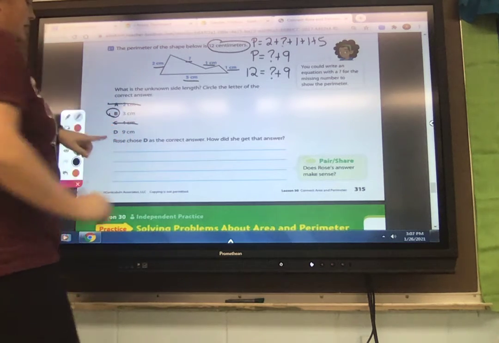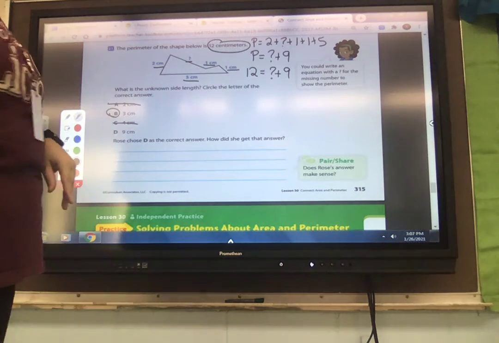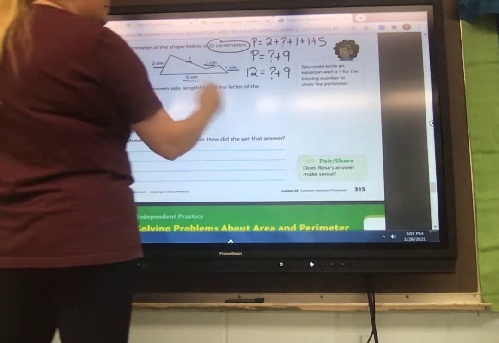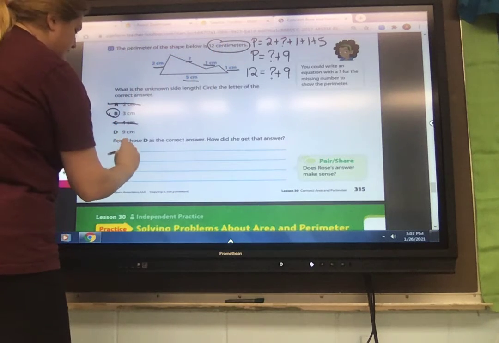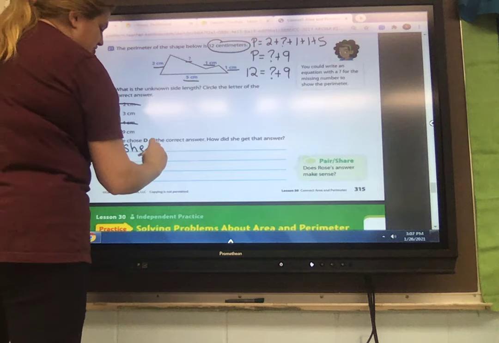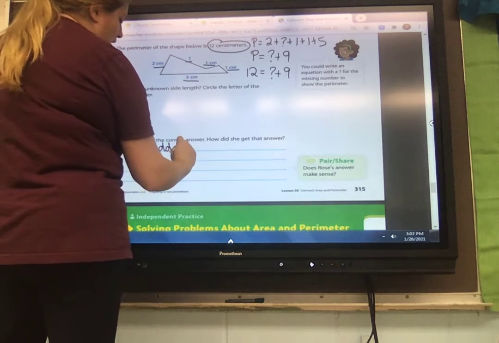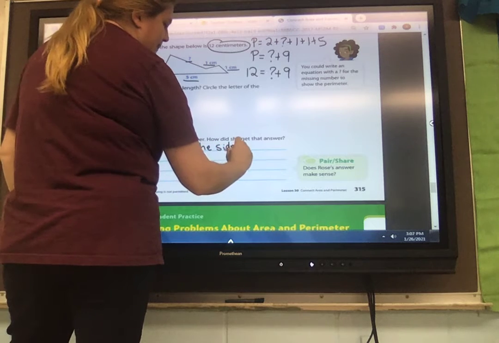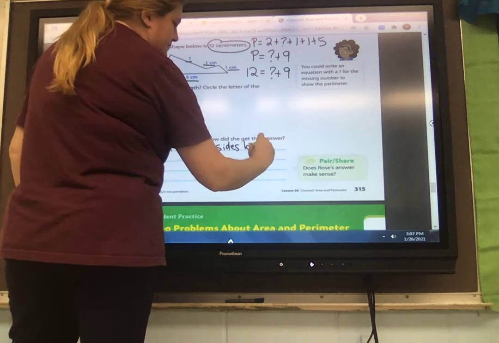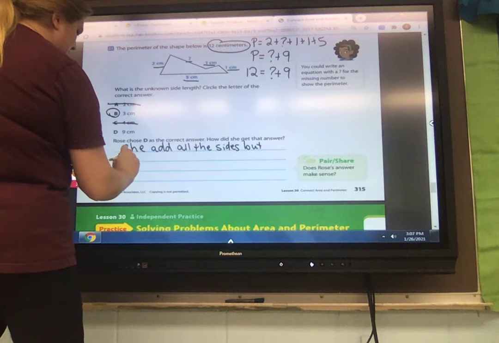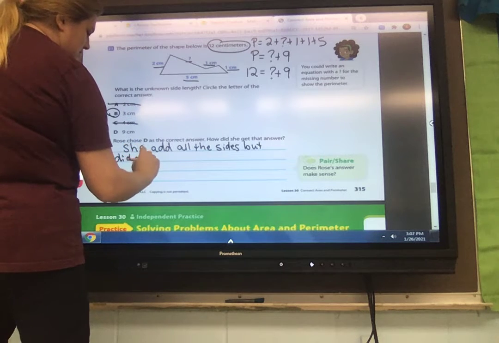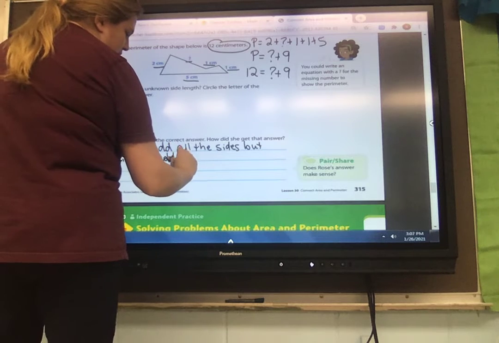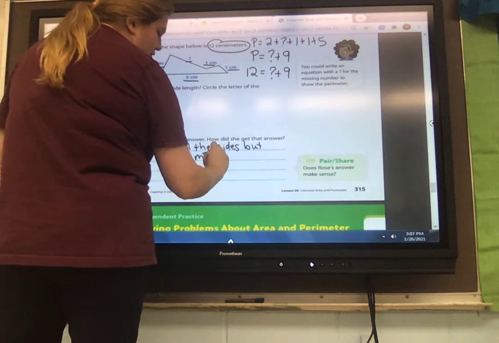That's too big. Look what Rose chose. Rose chose the 9. What'd she do? She added the numbers that are there, because we got 9. She added all the sides, but did not add to make 12.